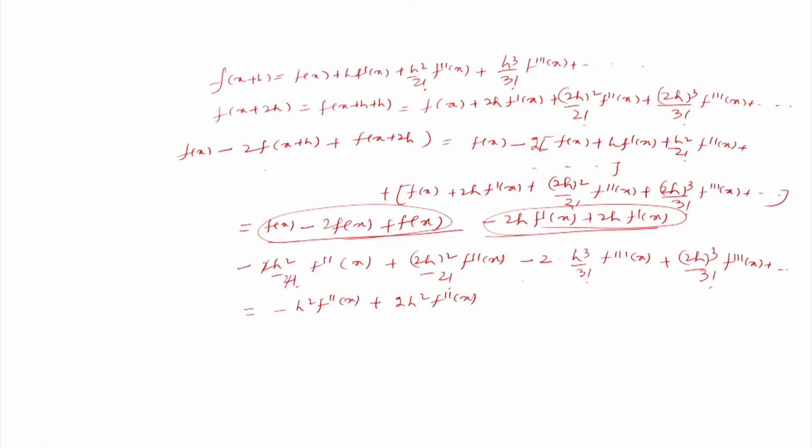Then minus 2 h cube by 3 factorial f triple dash of x plus 8 h cube by 3 factorial f triple dash of x plus all other terms. So finally we get h square f double dash of x plus all the h cube terms.